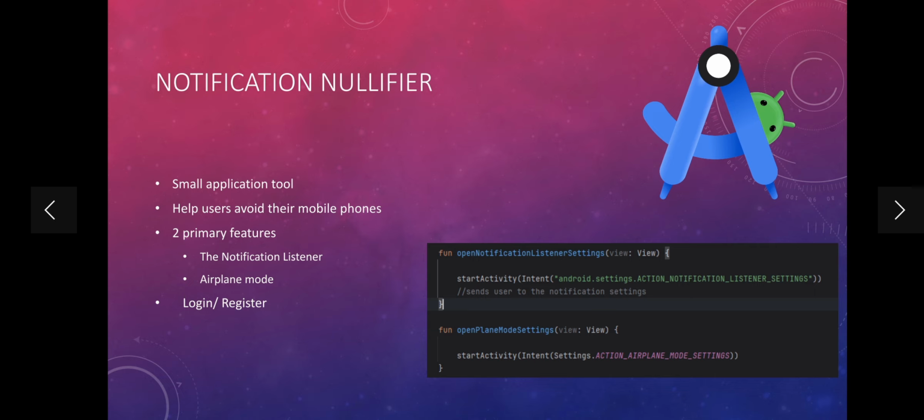There are two primary features it has that can provide user service: the button's notification listener and airplane mode. Notification listener is an extendable markup language (XML) format button that uses the Kotlin function open notification listener settings to send the user to the notification settings, where the user can organize what application notifications they want turned off manually.